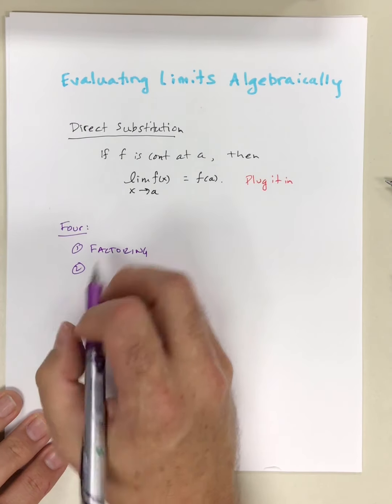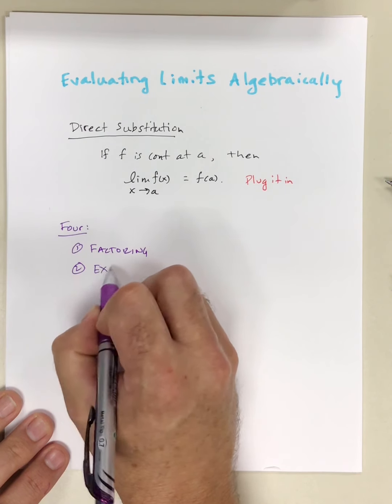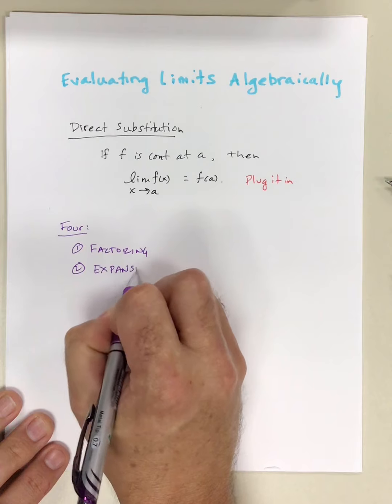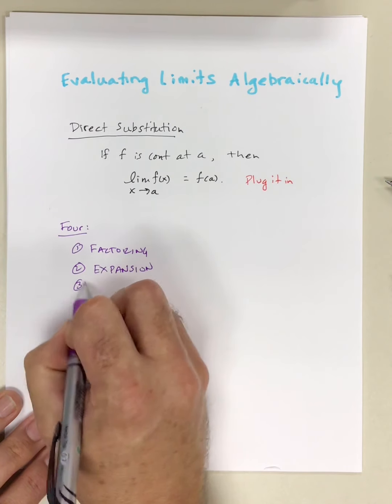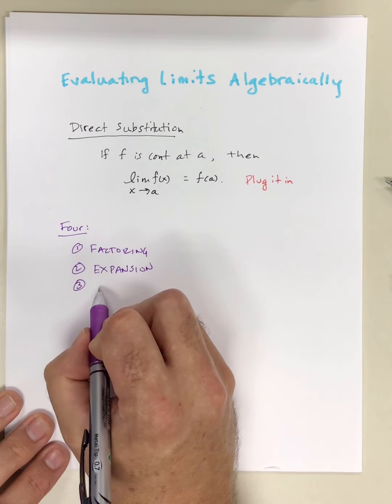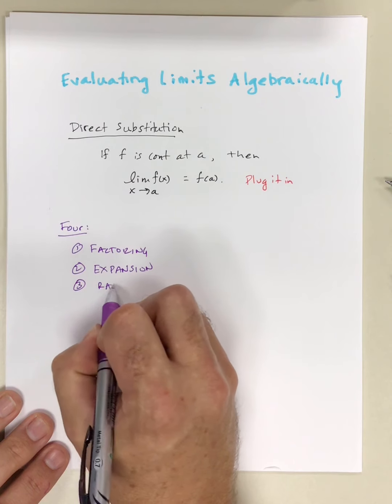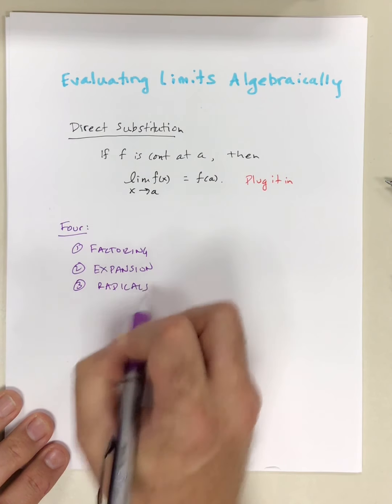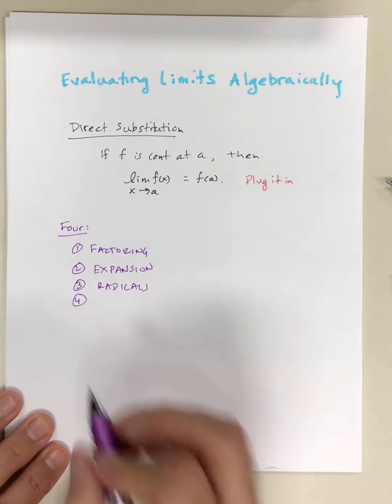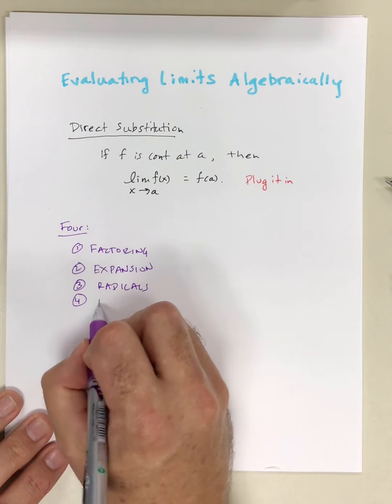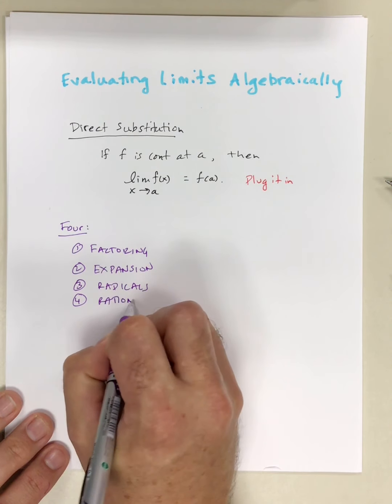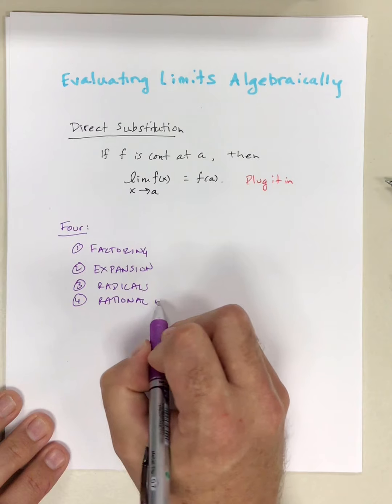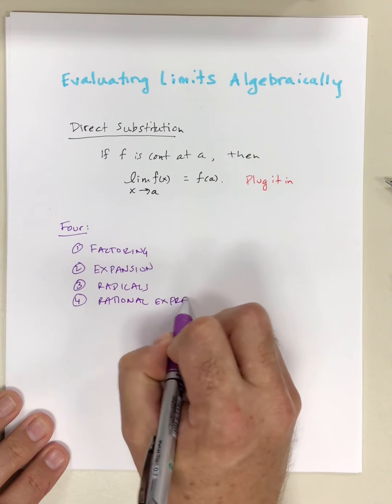We're going to look at algebraic expansion problems. We're going to look at problems involving square roots, I'll just write radicals. And we're going to look at problems involving algebraic fractions. I'll call those rational functions or rational expressions.